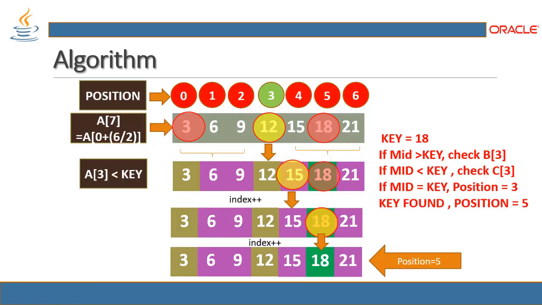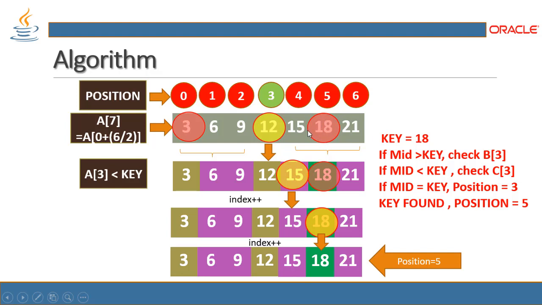I'm simply dividing this list into two parts: 3, 6, 9 on one side and 15, 18, 21 on the other, from the middle. The middle element, 12, is going to be compared for the next two arrays. We divided. Now 12 is the middle element and the key, suppose we take 18. We have to find the number 18.